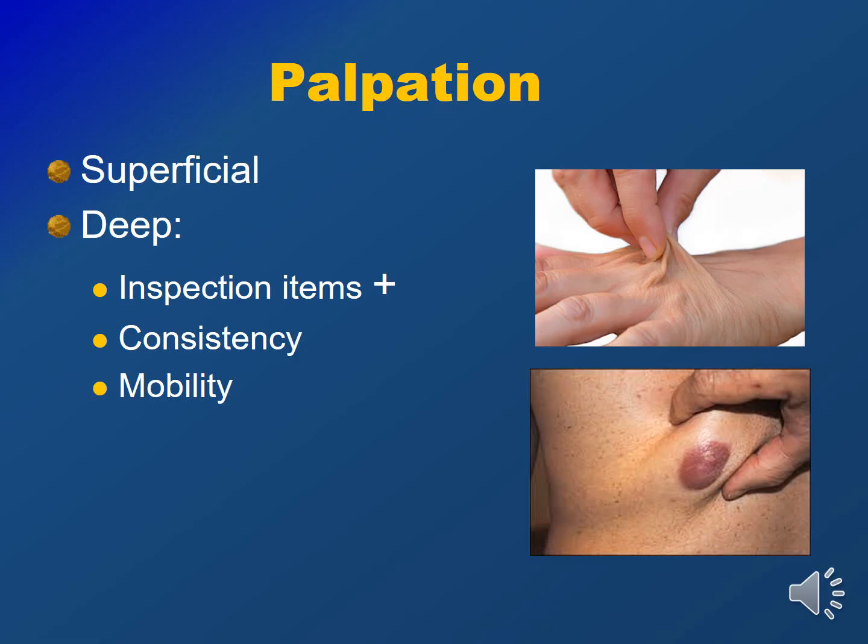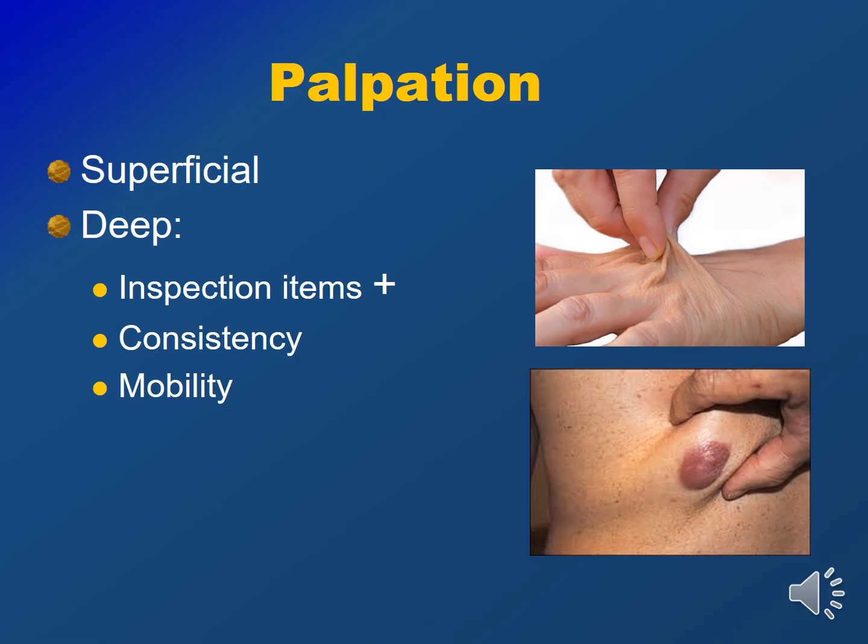The second point, which couldn't be assessed by inspection, is the mobility. Here we have to differentiate between the superficial mobility, which is the attachment of the swelling to the overlying skin, which can be examined by the pinch-up test of the skin overlying the swelling. Another point of mobility is the fixation of the swelling to underlying structures like the muscle or bone the swelling is lying on.